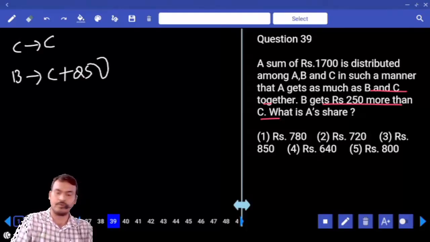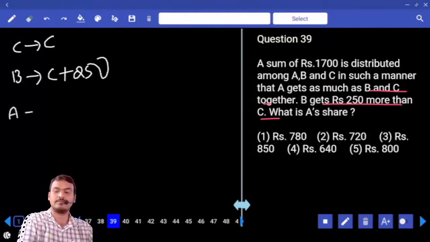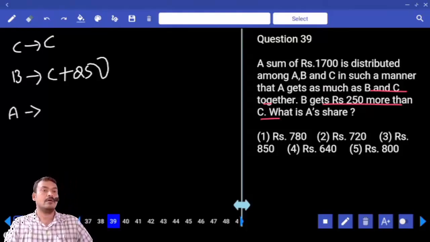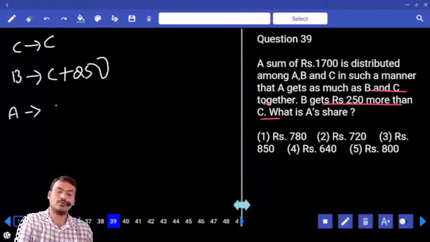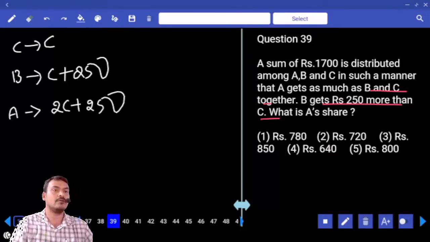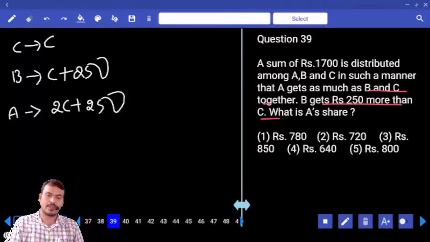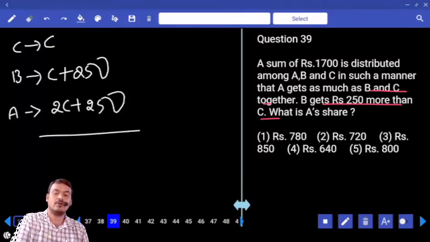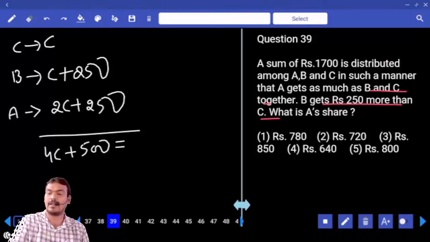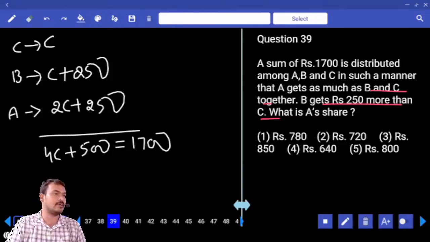C plus 250. Then A value is 2C plus 250. What is the sum of these values? 4C plus 500. It is equal to how much value? 1700. 4C plus 500 equals 1700, which means 4C is 1200.